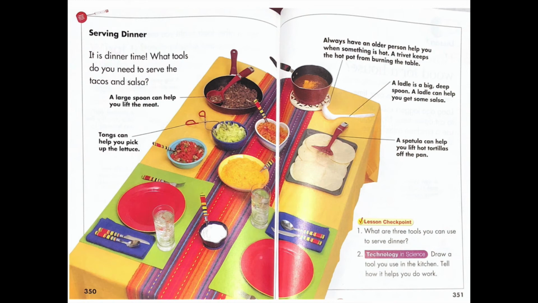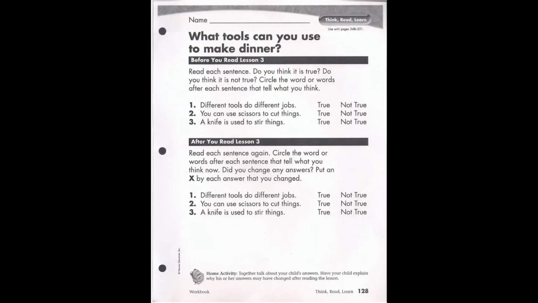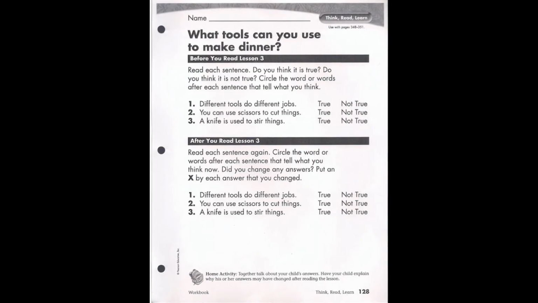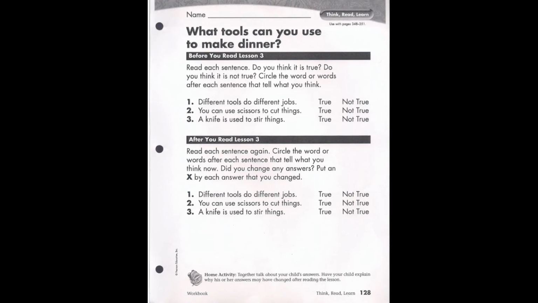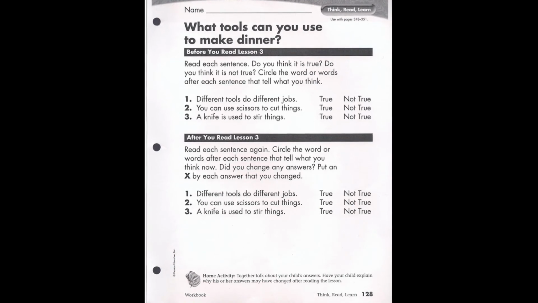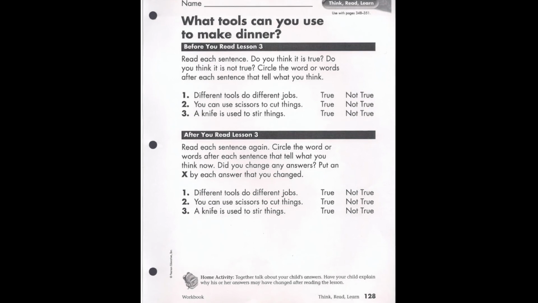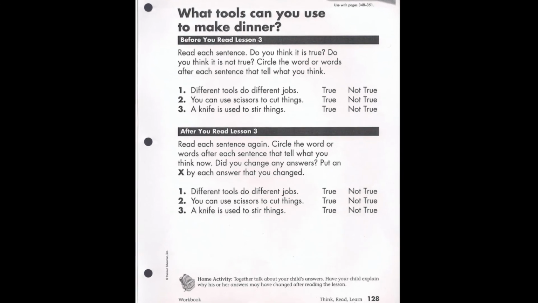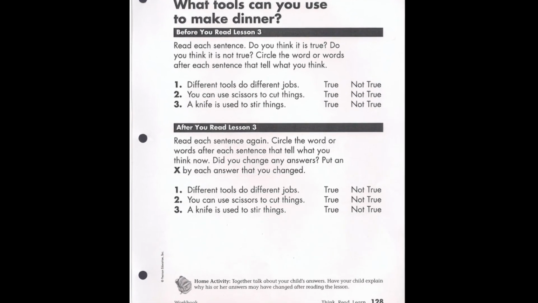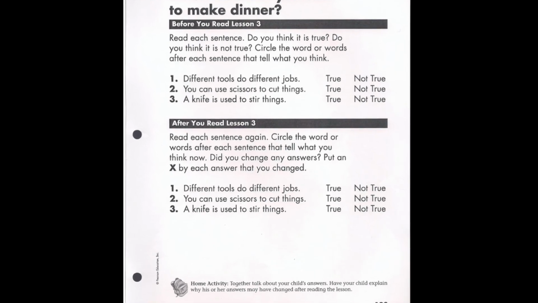Okay, so now you need to go back to this page. If you don't have it printed, that's okay. Just write number 1, 2, and 3. You don't have to write the sentences. And we're going to do the same 3 questions that we already did, but now we're going to know all the answers because we're even more of a genius now, right? All right, so question number 1 says, different tools do different jobs. Is that true or not true?